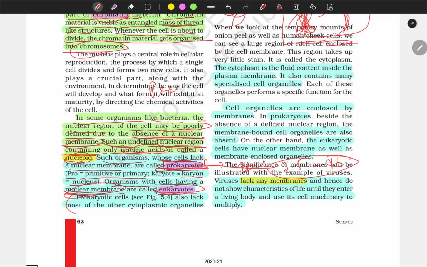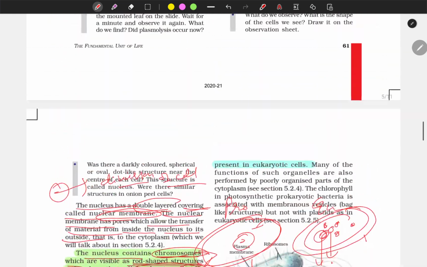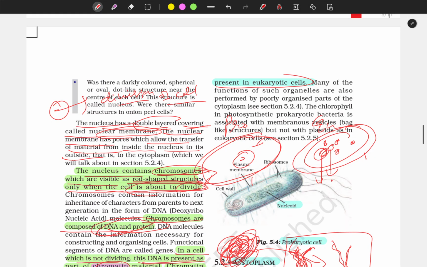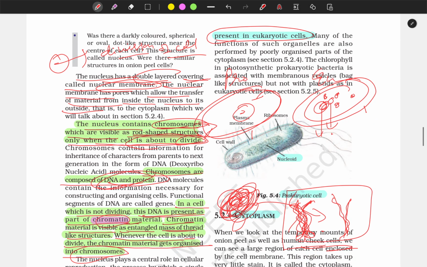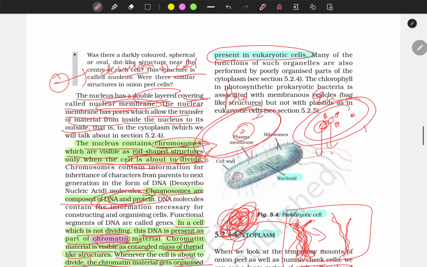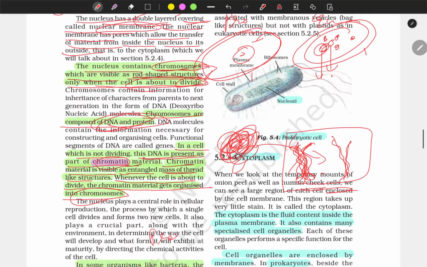Along with the nuclear membrane, the cell also has organelle membranes; different organelles also have a membrane. Prokaryotic cells also lack most of the other cytoplasmic organelles present in eukaryotic cells. We will also discuss the difference between prokaryotic and eukaryotic cells.